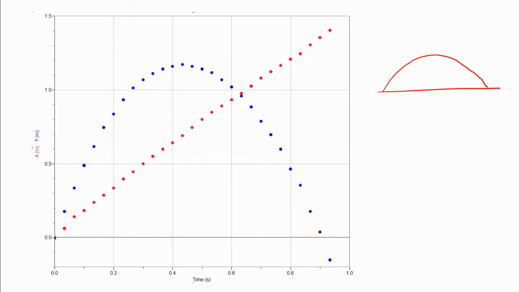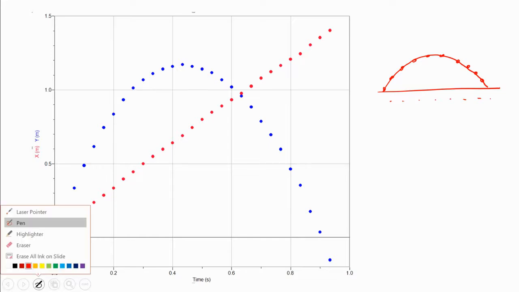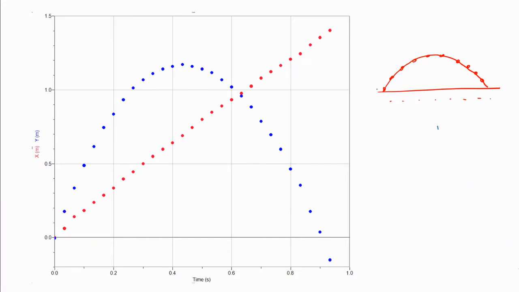Okay. So let's say we used some graphing software to analyze it, and we tracked its motion as it traveled along. We kept track of the horizontal motion and the vertical motion for the object.